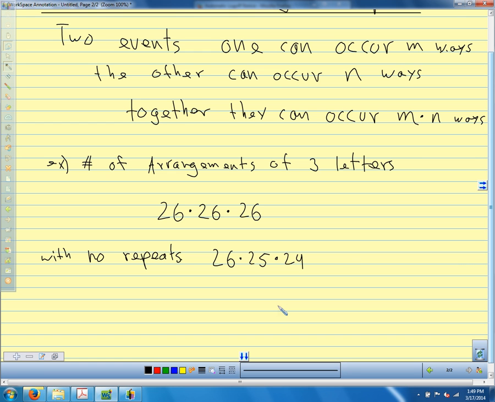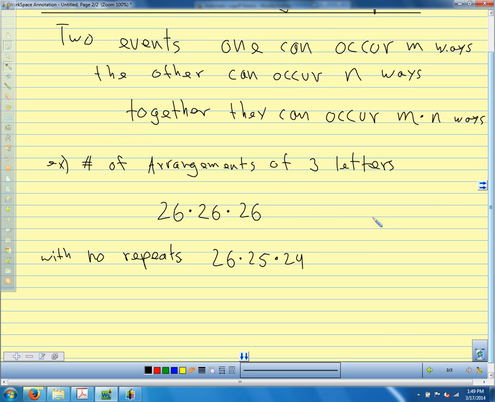We could do the same kind of example with a license plate. Say we had a license plate with 3 letters and 3 digits. If we allowed the letters to repeat, the first part of the license plate could have this many letters, and then for our digits, we'd multiply by the number of digits we have.